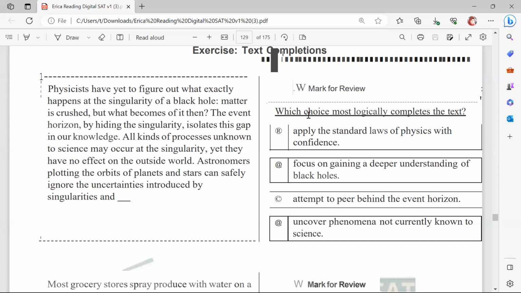Look at that. Which choice most logically completes the text? Then this is an inference question. Right. Now I will try to read the text.